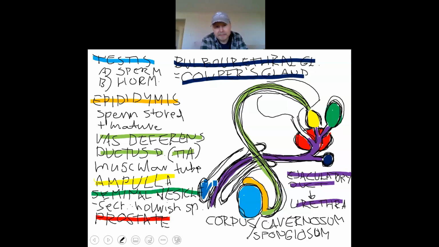So this is the tissue that, like I said, receives rich blood supply during the sexual stimulation, giving the erection. So there it is, the entire male reproductive system, all the parts that you need to know, all the structures, and we've already talked a fair bit about their functions as well.